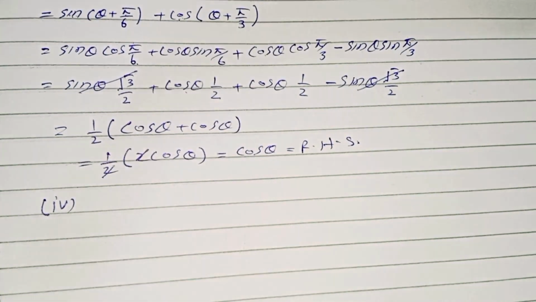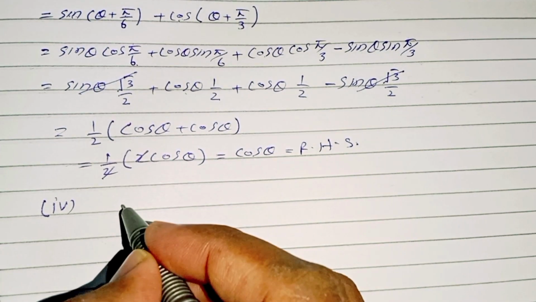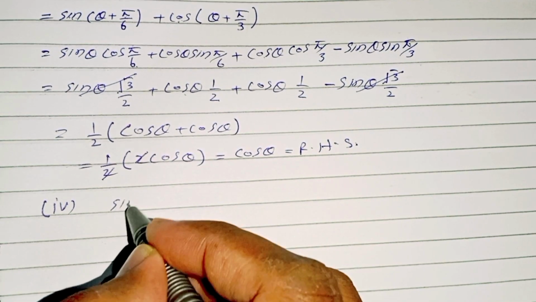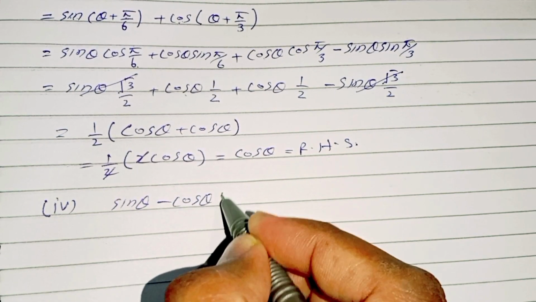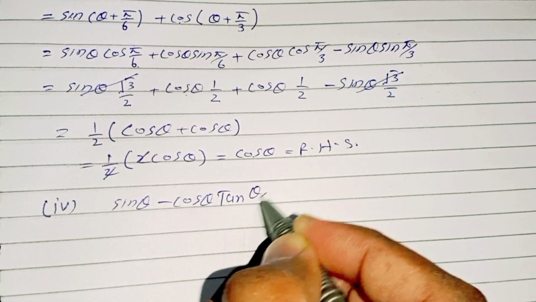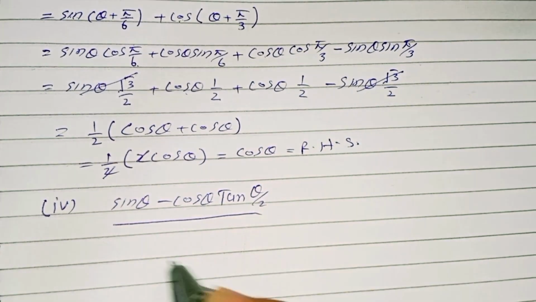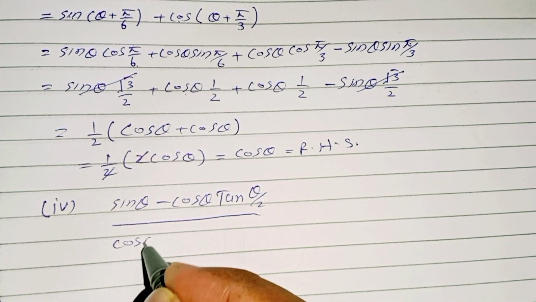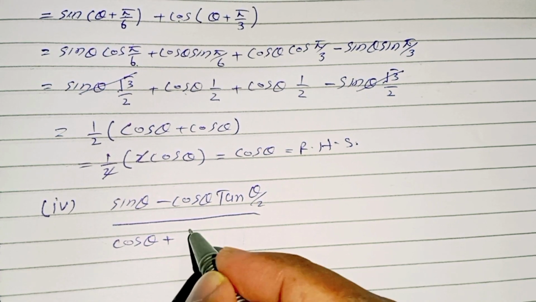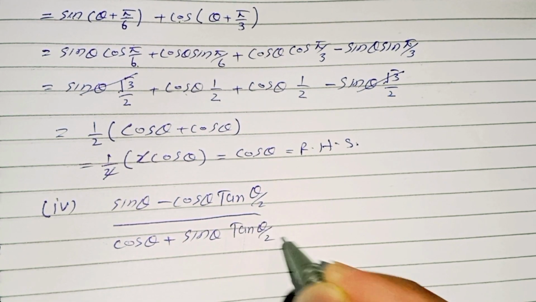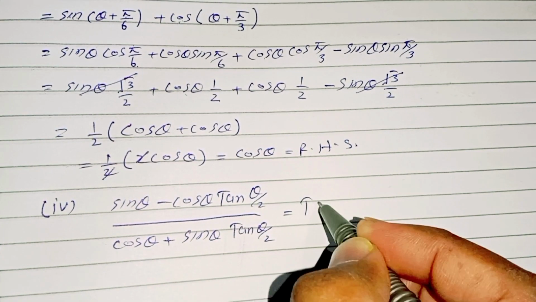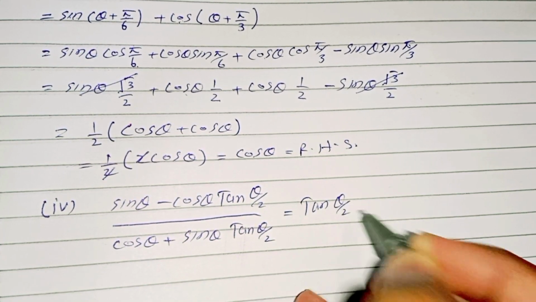Part number 4 of question number 4: (sin theta minus cos theta multiplied by tan theta by 2) over (cos theta plus sin theta multiplied by tan theta by 2) is equal to tan theta by 2.